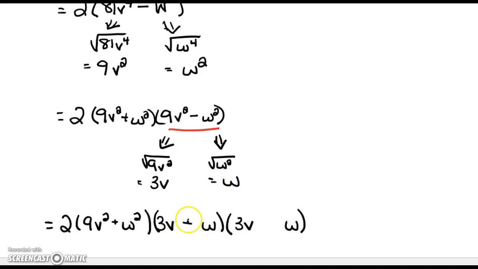Then we'll separate one with a plus sign, one with a minus sign. And that is the fully factored form of our original binomial. These factors cannot be broken down any further, so this one is all done. Sometimes you might have to go through quite a lengthy process to fully factor something, and that's okay.